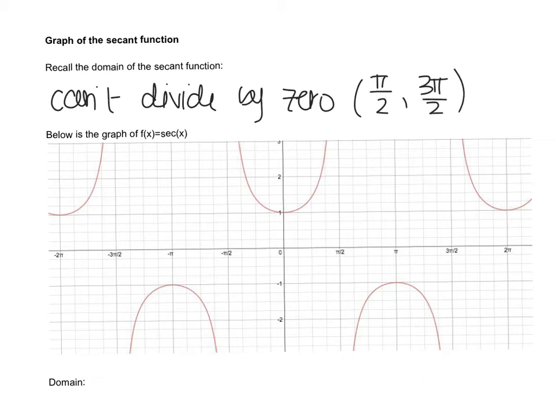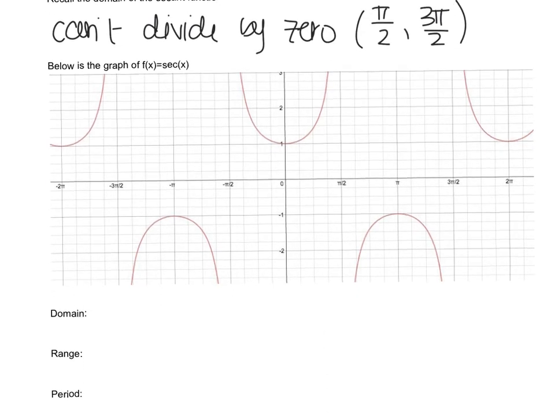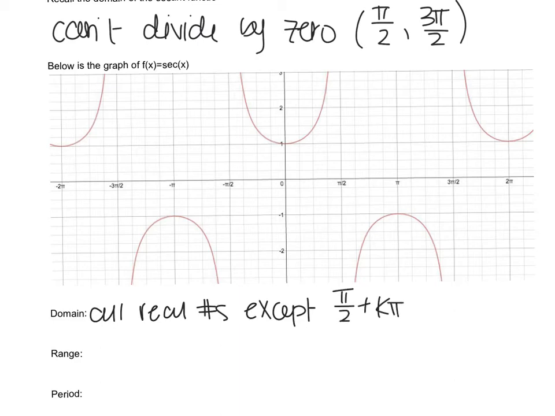So that's why you can see on our graph here, the function never lands on those values. So we have our graph of secant of x. So its domain is going to be all real numbers except pi over 2 plus k pi, where again k is an integer.